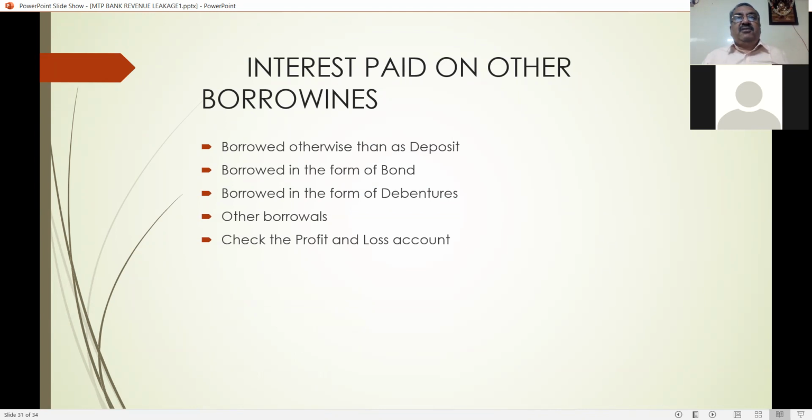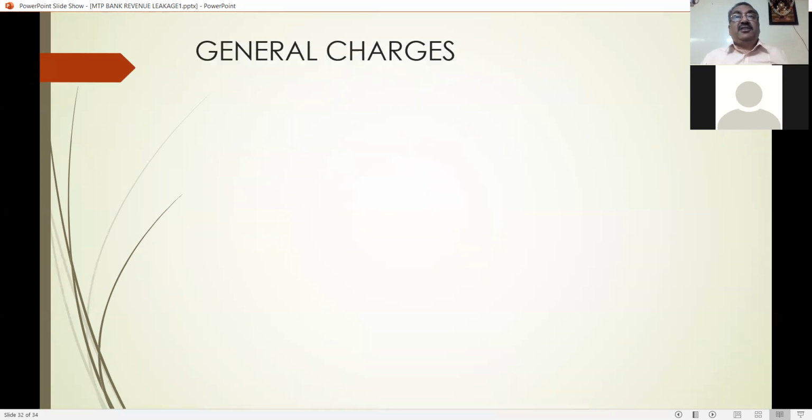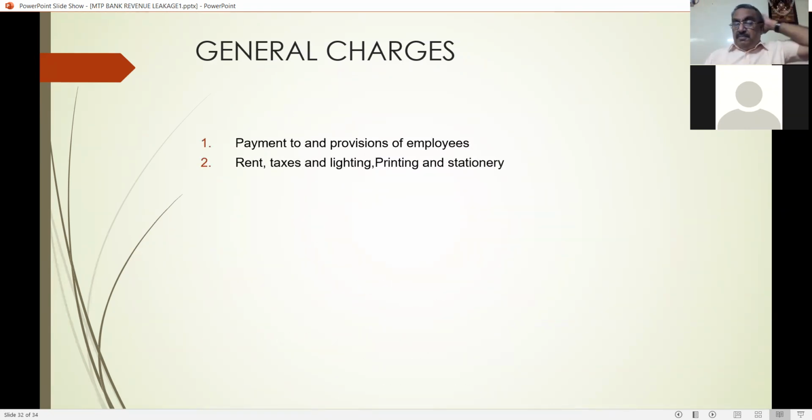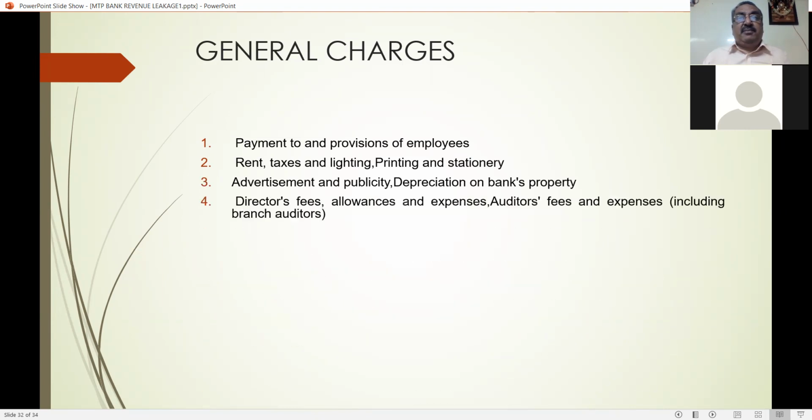You have to check the P&L account, whether the payment for the borrowing in bonds is recorded and whether you pay the interest or not. For that, please refer to the P&L account. What are the general charges? When you go to the P&L account of the bank, these are the things you can find: payment and provision for employees, rent, taxes, advertisement, publicity, all actual P&L account debits.